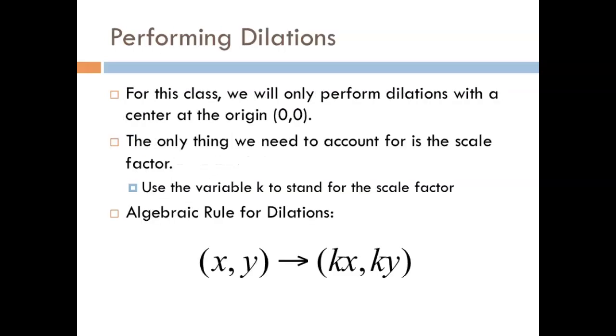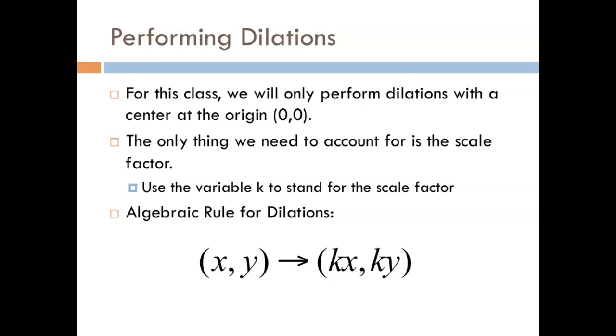Now, how do we perform dilations? Comparing it with the transformations we talked about last time, we want to have an algebraic rule for these dilations. Now, a couple of things before we get to that. For this class, we're only going to perform dilations with a center at the origin, (0, 0).